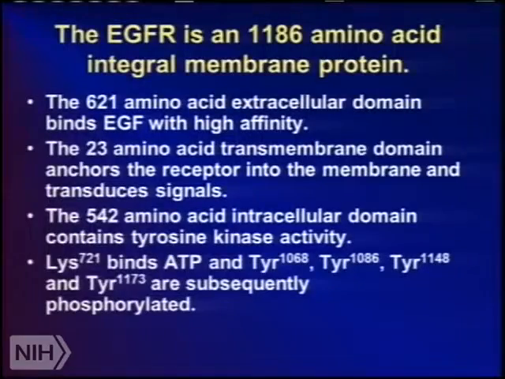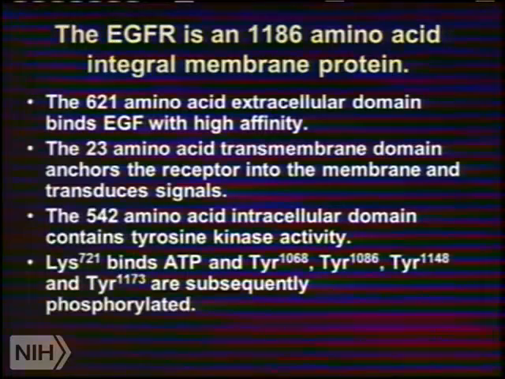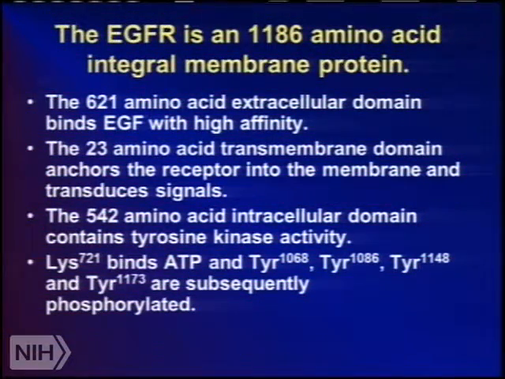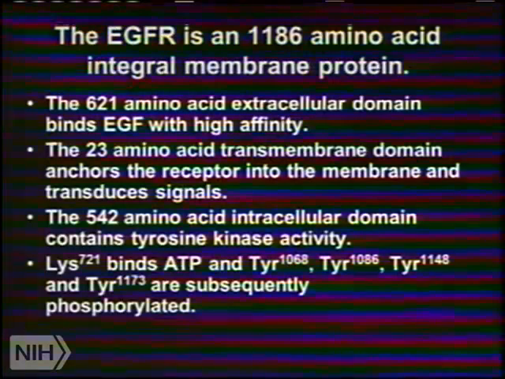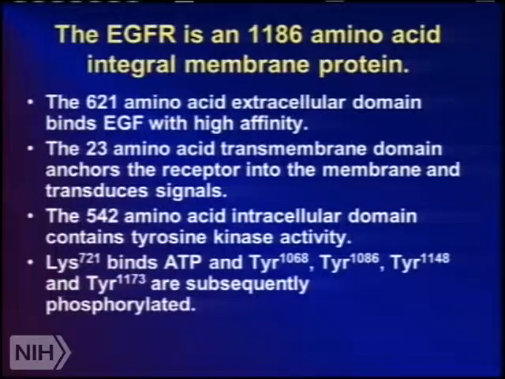So the EGF receptor, it's big, over 1,100 amino acids. 621 amino acids are on the extracellular side of the plasma membrane, and they bind EGF. And then there's a 23 amino acid transmembrane domain. 542 amino acids are intracellular, and a lysine at 721 binds ATP and activates the tyrosine kinase activity so that you get tyrosine phosphorylation of various protein substrates leading to growth.